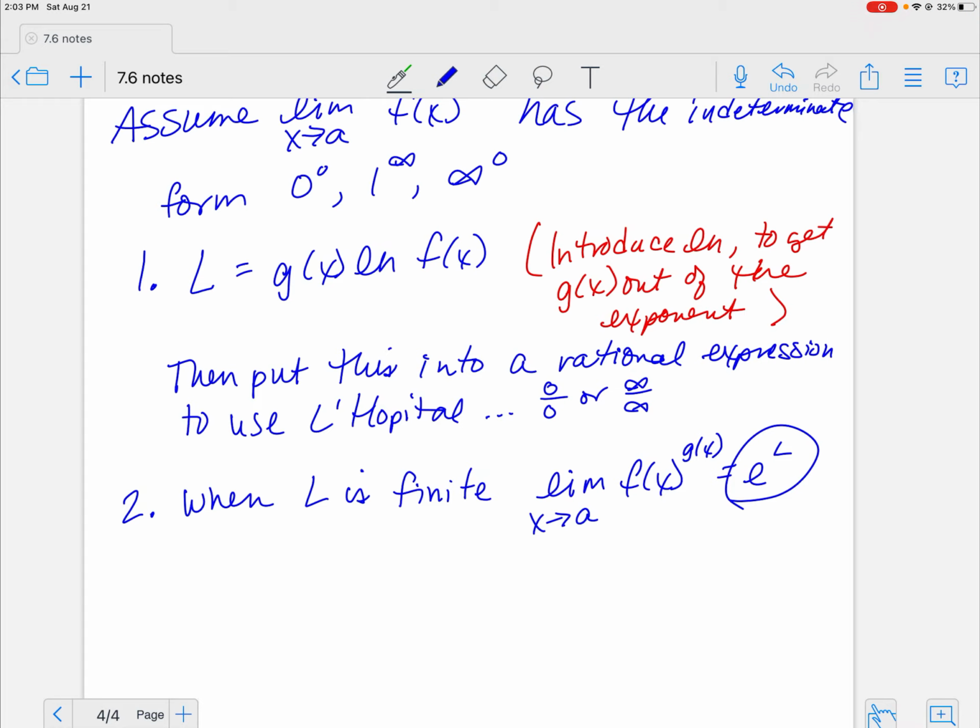So because natural log and e cancel each other out, then this L here has to be the exponent of e so that I can't just introduce a function and let it go with it. Does that make sense? Okay, because I'm introducing natural log, I have to counteract that with the e in my final answer.